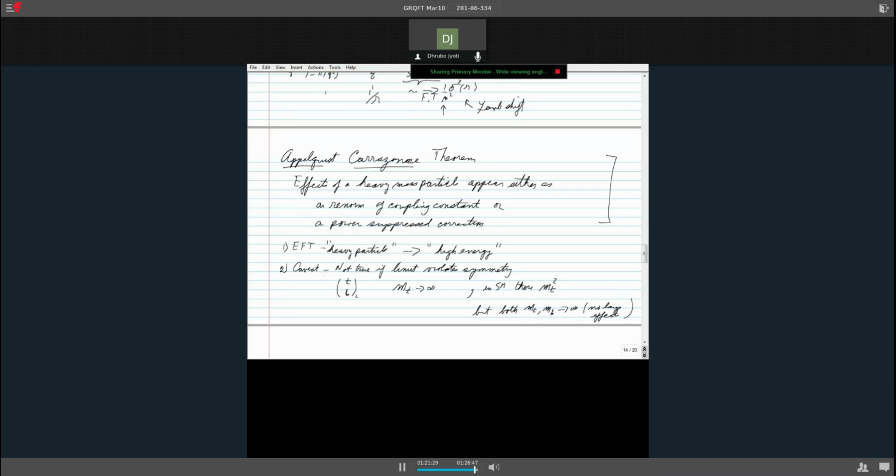Okay, the other thing to say is there actually are violations of this. It's not true if the limit violates the symmetry of the theory. And there's a very famous example, which is the top quark.